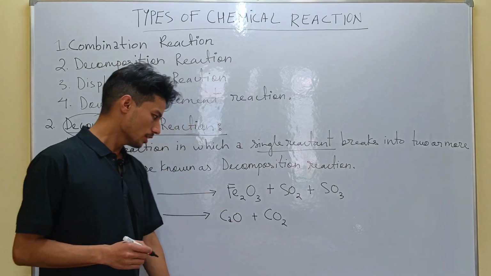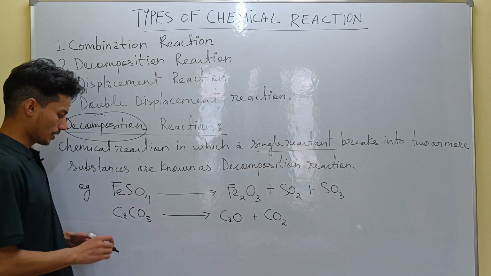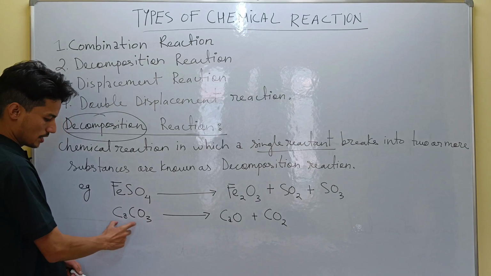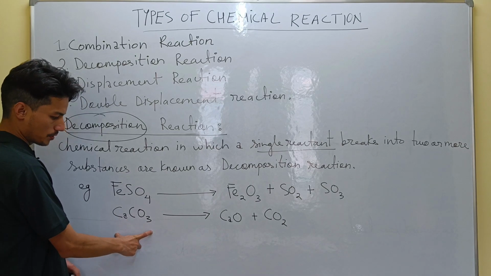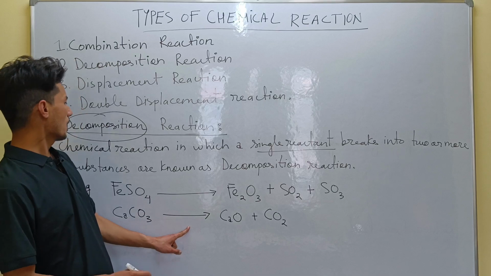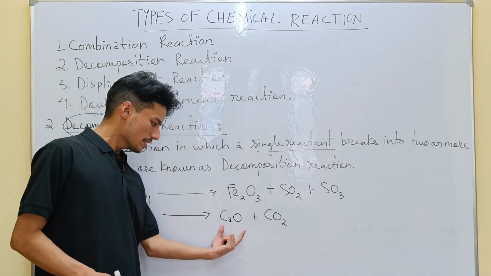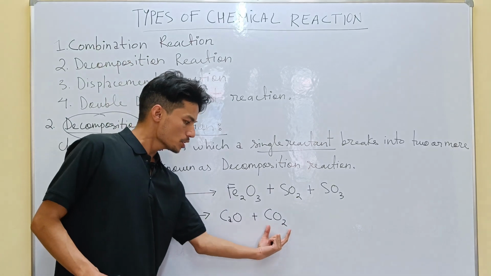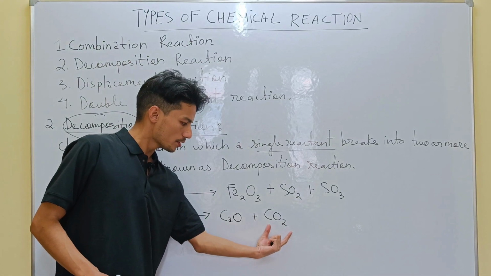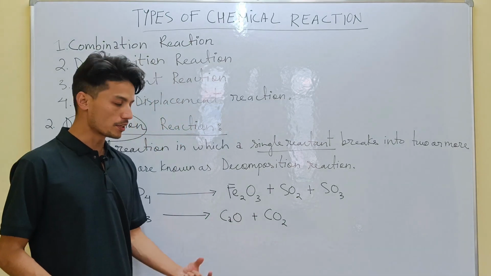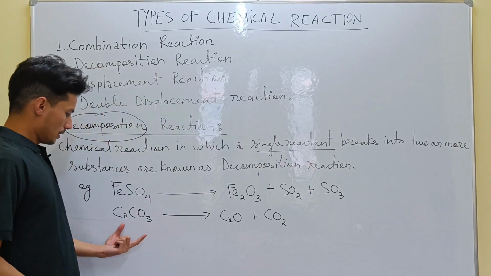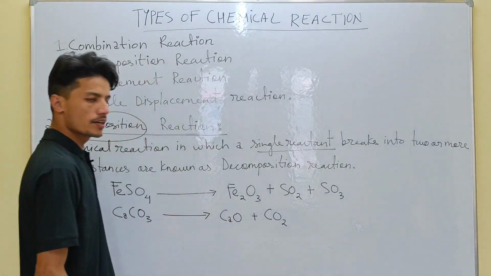This is easier than the previous one. Calcium carbonate, CaCO3, undergoes decomposition reaction and gives calcium oxide, CaO. CO2 is a gas. You are all familiar with CO2. We breathe out carbon dioxide. So this is an example of decomposition reaction.